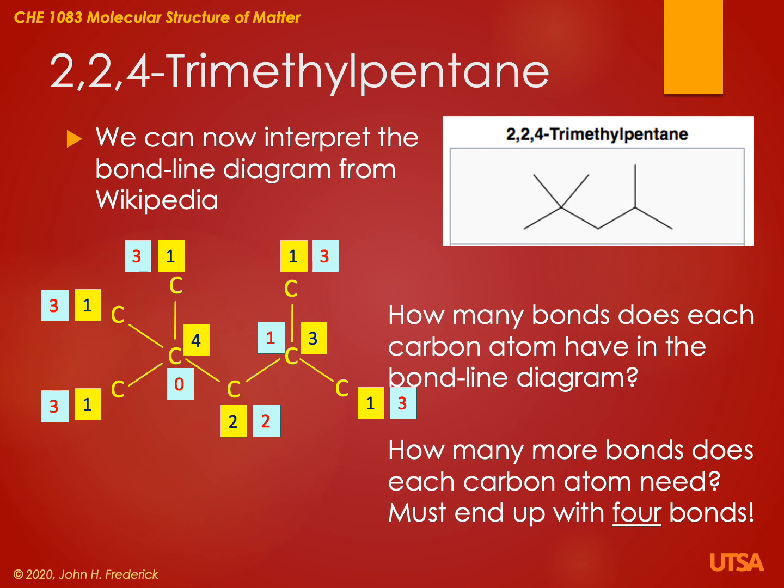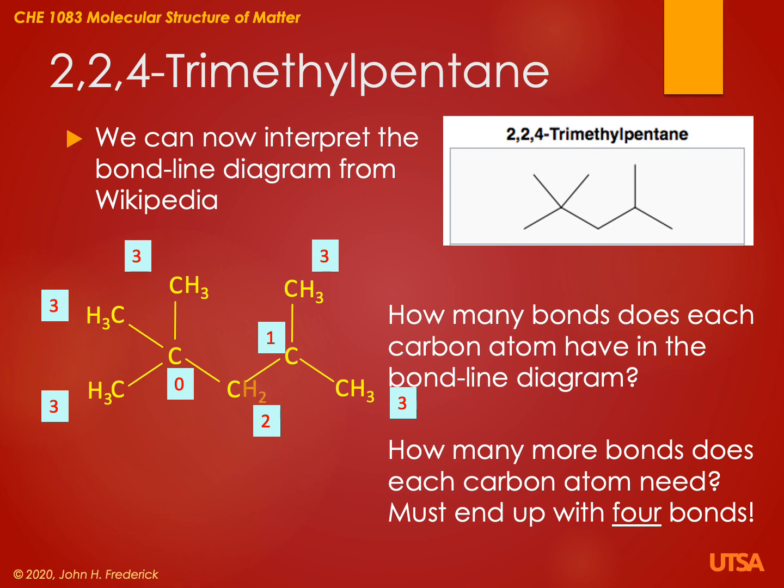So all of those empty slots, since nothing else is drawn, must be filled with hydrogen atoms. I'll leave those numbers there so we know how many hydrogen atoms to add, and here we go around the horn, adding 3 hydrogen atoms to each of those places, adding 2 to the one in the middle, adding 1 to that one, and of course none to the other.